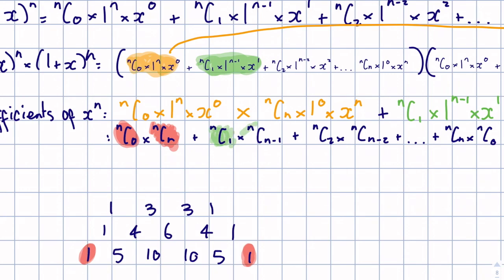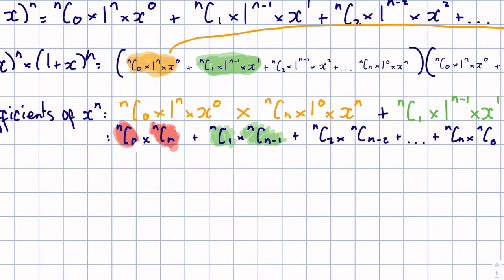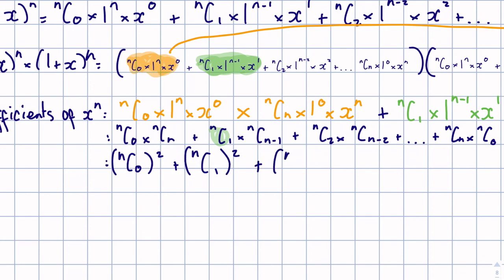These ones are 1 in from the outside and they equal each other. So ignoring the fact that we could end up with the middle one, we're going to end up with essentially nC0 squared plus nC1 squared plus nC2 squared plus all the way until we got to nCn squared.